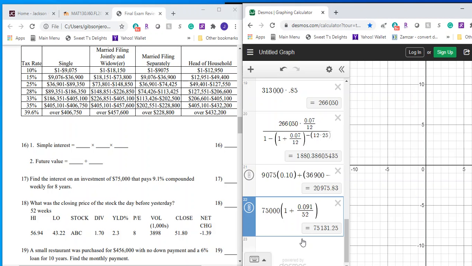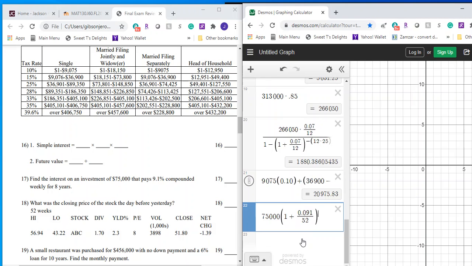Then we would take that to the 52, we could put that in parentheses, to 52 times 8 power. And then that would give us, for problem 17, I guess maybe I missed something here. It looks like I might have not typed in something. Let me see.